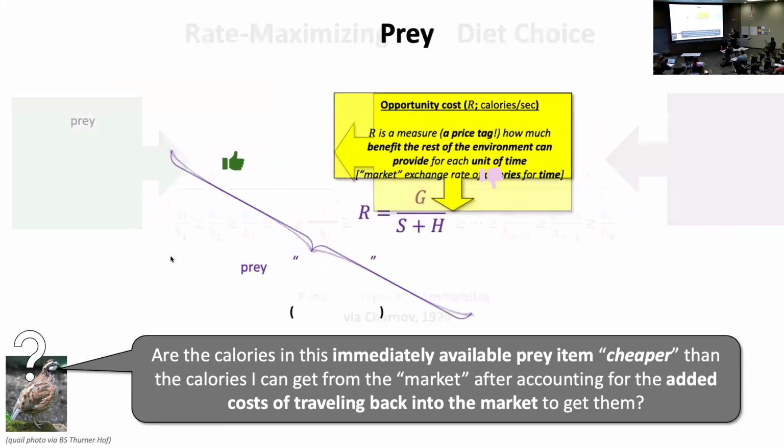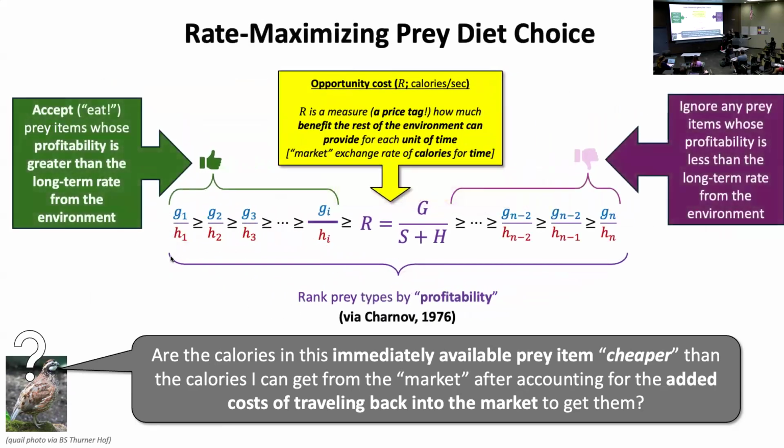Okay, so if all of that's true, then I can take all of the prey items in an environment and rank them by this term profitability. And I don't like the term profitability, but it's just a term they've been using since the 80s. But profitability means a prey item's balance of gain to handling time.